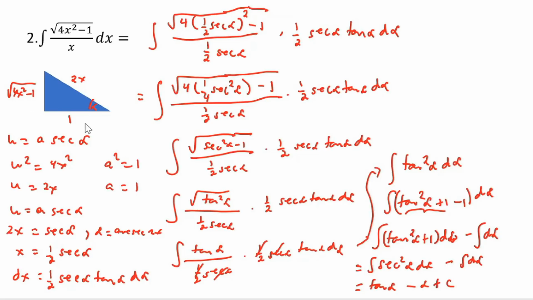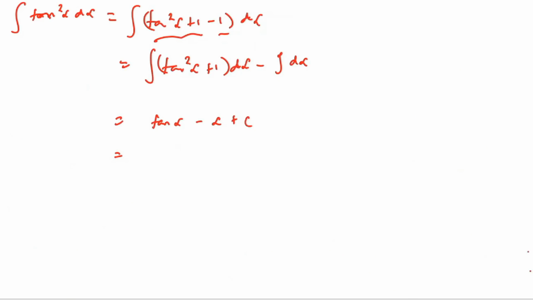From here, we can now define our tangent alpha. Tangent alpha means opposite over adjacent. So that is the square root of 4x squared minus 1 over 1, or just the square root of 4x squared minus 1. No need to write over 1 because a number divided by 1 is still that number.